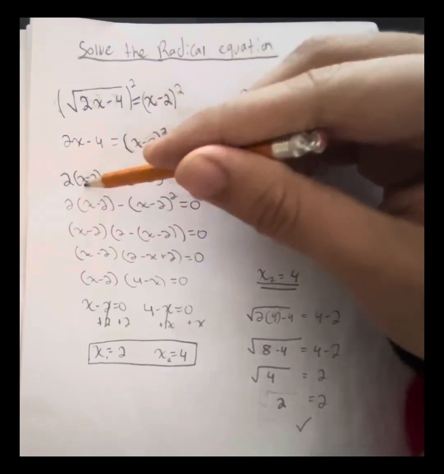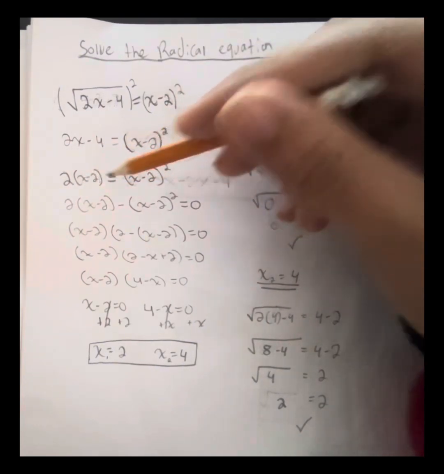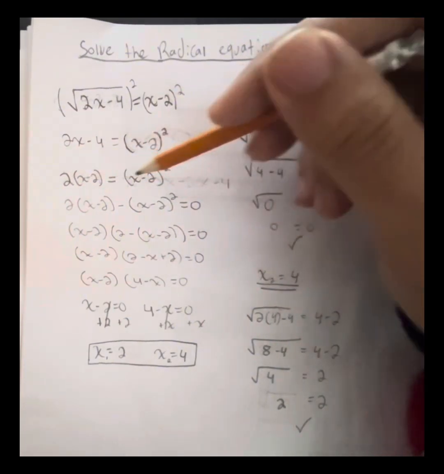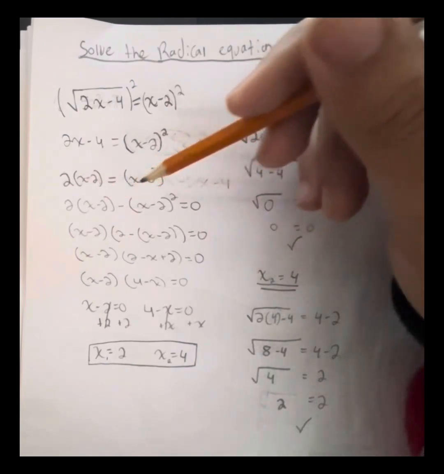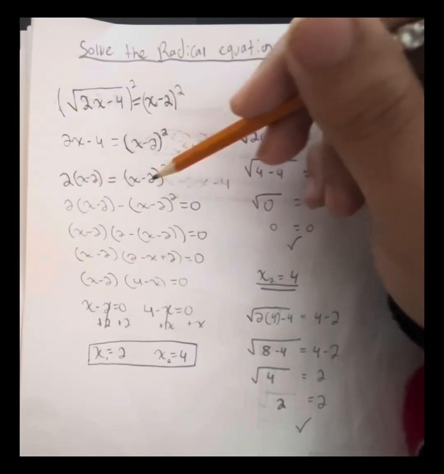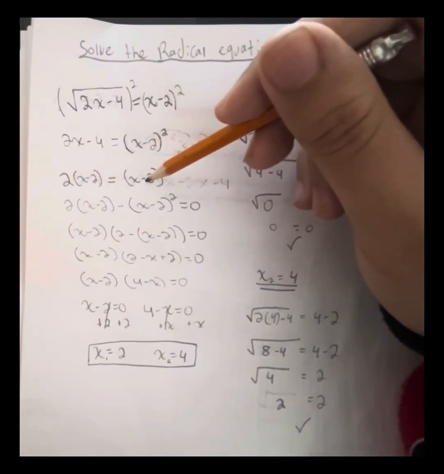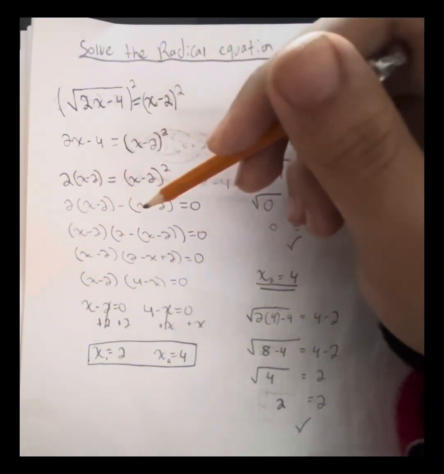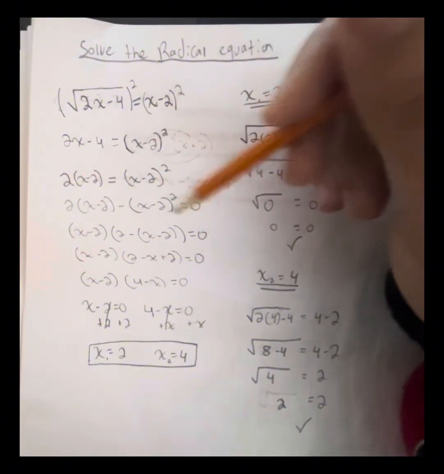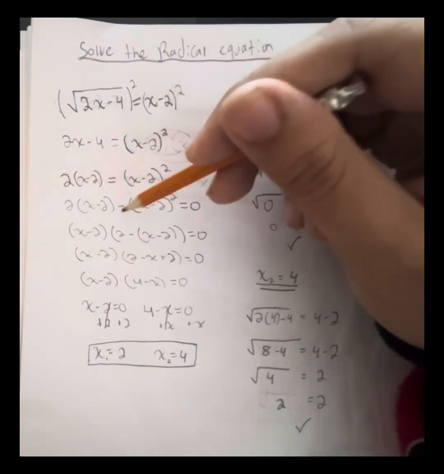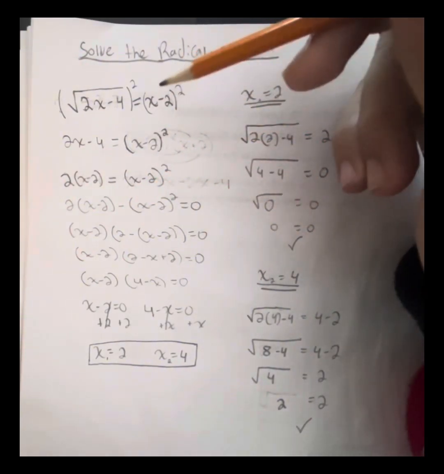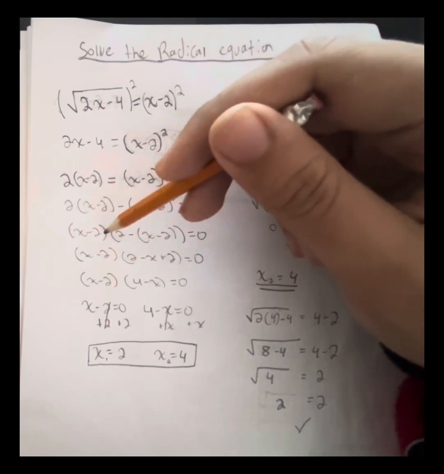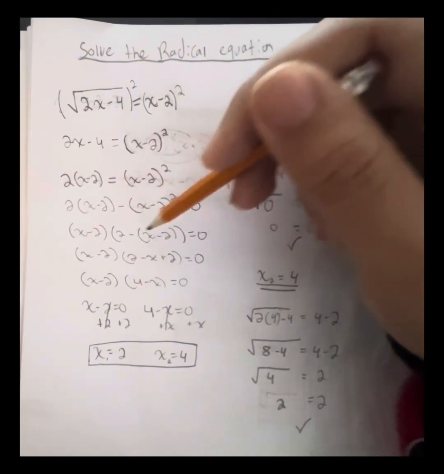So here we're going to factor this to have the same factors. We're going to rearrange this to the left, and we're going to set them equal to 0. It's going to change the sign to negative. So now we're going to distribute here.